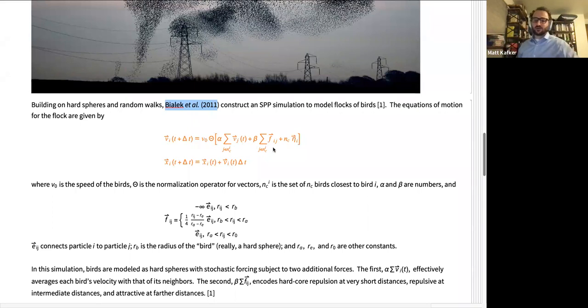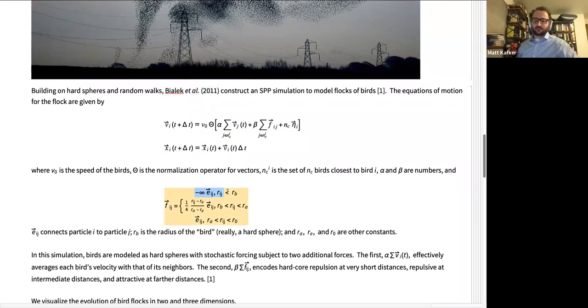And then there's another sort of force here, again over the 7 nearest neighbors of the birds. It takes a more complicated form, but it's basically hard sphere repulsion at short distances. If the birds crash into one another, that's a hard sphere repulsion. At long distances, there's sort of a unit magnitude attractive force.